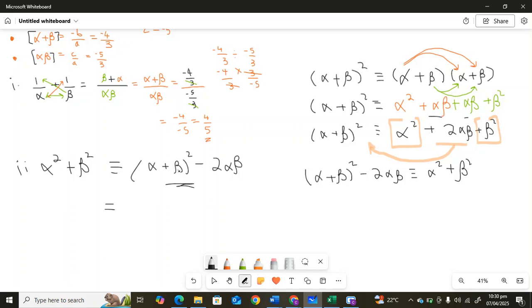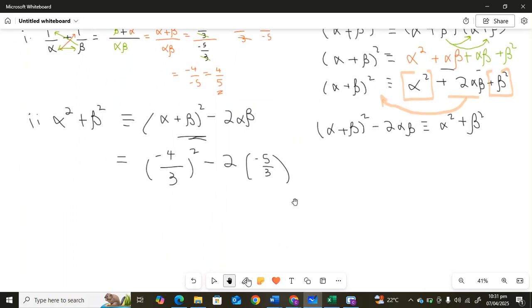Our alpha plus beta, it's what? Negative 4 over 3. So you say negative 4 over 3 squared minus 2 alpha times beta was the same as negative 5 over 3. Now remember, if you're not comfortable with fractions, you can always use decimals, okay?